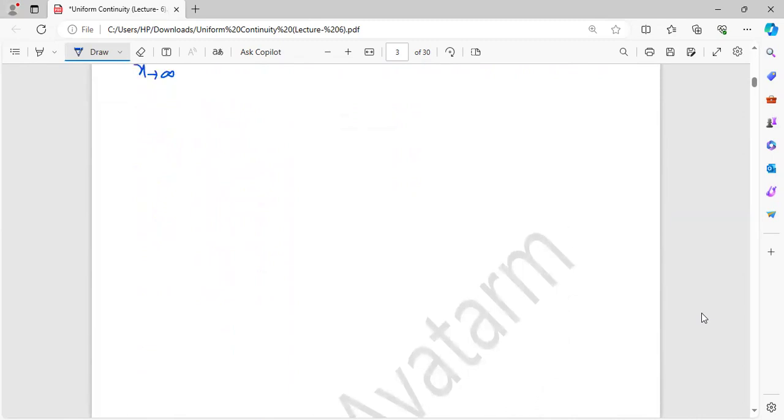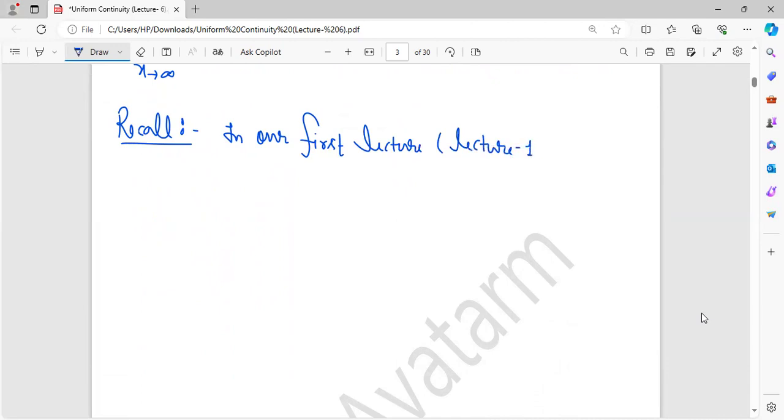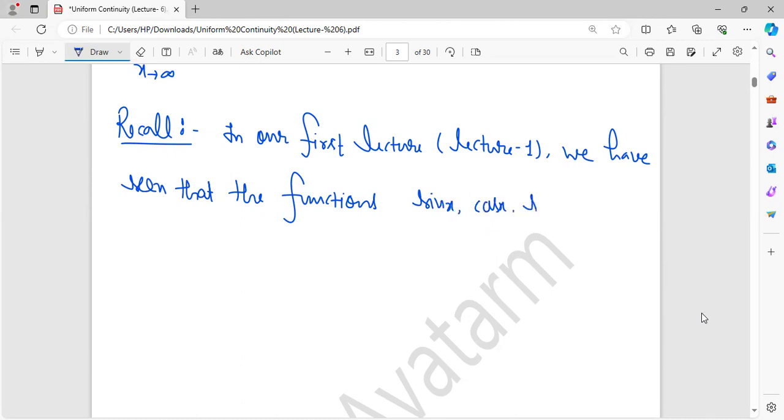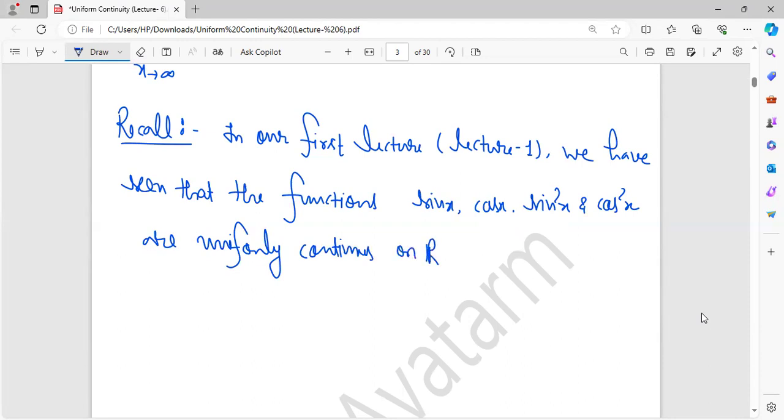Now I recall one thing. In our first lecture on uniform continuity, we have seen that the functions sin x, cos x, sin square x and cos square x are uniformly continuous on R. In the first lecture we saw how we prove this.